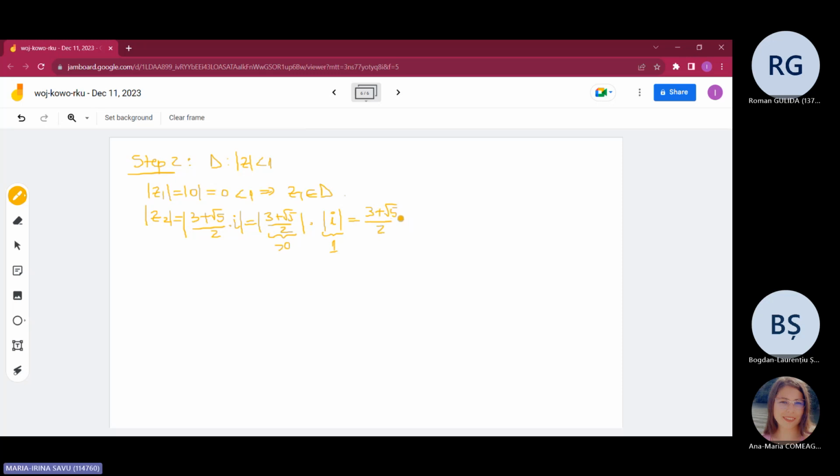Of course, it is greater than 1. So z2 is not in delta. And module of z3 will be computed in a similar manner.